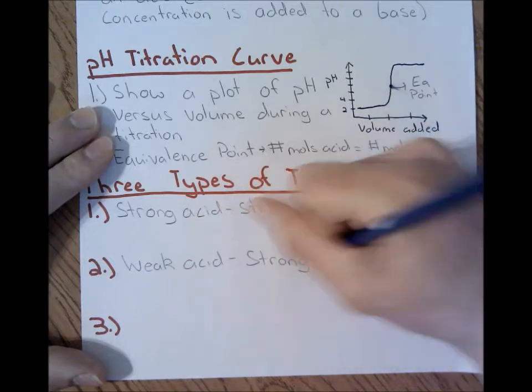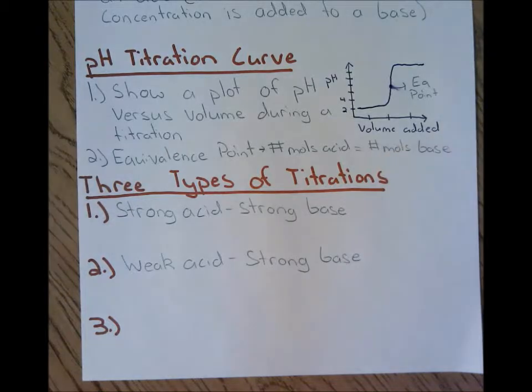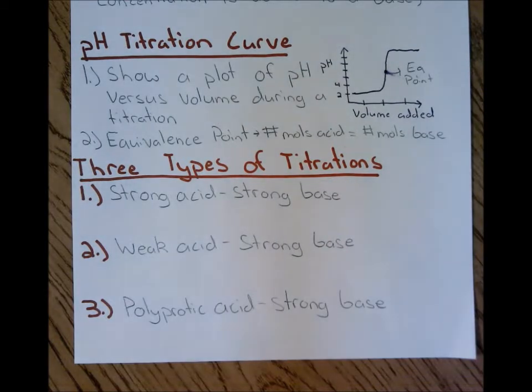And then the third type of titration is a polyprotic acid with a strong base. And remember that a polyprotic acid is an acid that can actually have more than one ionizable H plus or proton.